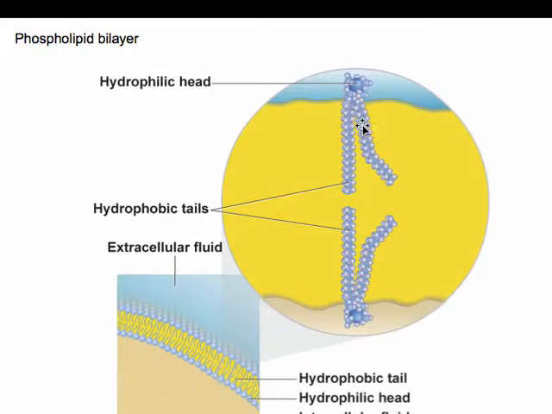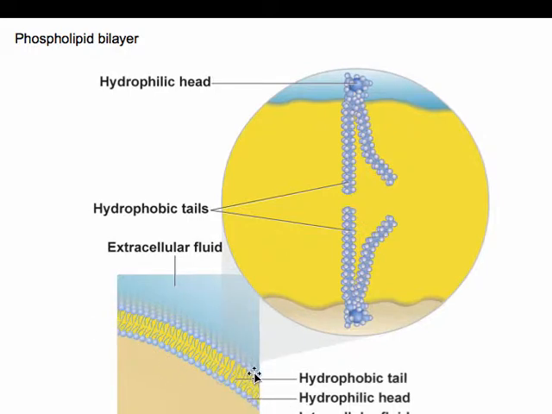And so because these tails do not want to be by water, the tails of multiple phospholipids will actually gather together, and they will point towards one another and away from water. And so that's how phospholipids actually form cell membranes.